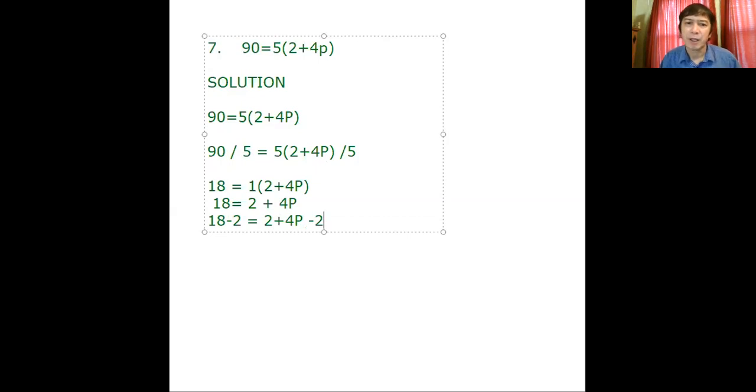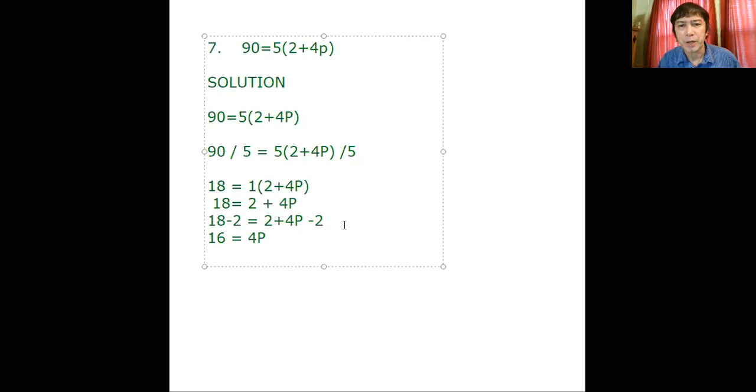And so this left side will be reduced now to 16, and on the right side, 2 minus 2 is 0, and then we have 0 plus 4p, leaving the right side only 4p.